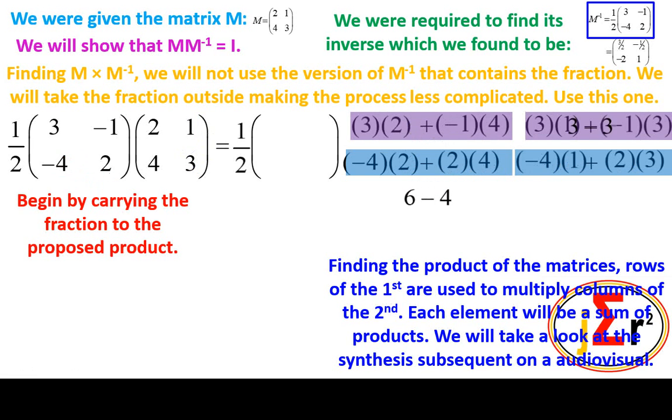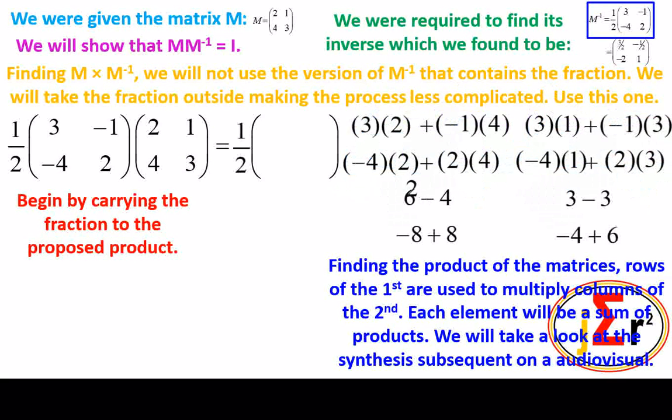Then, no difficulty, 6 minus 4 equals 2, 3 minus 3, that's 0. Negative 8 plus 8, that is 0. And negative 4 plus 6, that is 2.